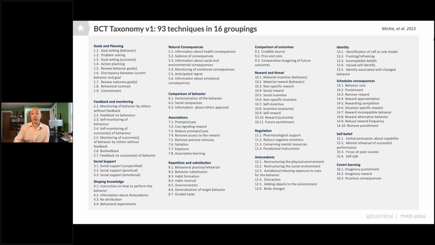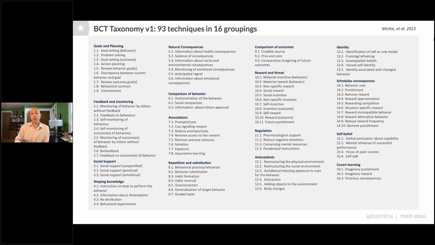It has 93 different techniques that come from across different theories, across different areas or domains of interventions, and puts them into a hierarchy of different clusters around goals and planning, or feedback and monitoring, associations. Many of these we use. We may use different terms. You use them already. Many of them we don't.